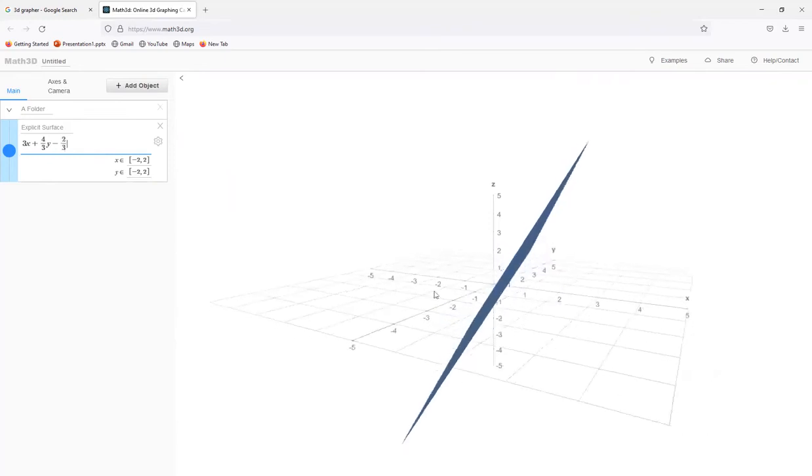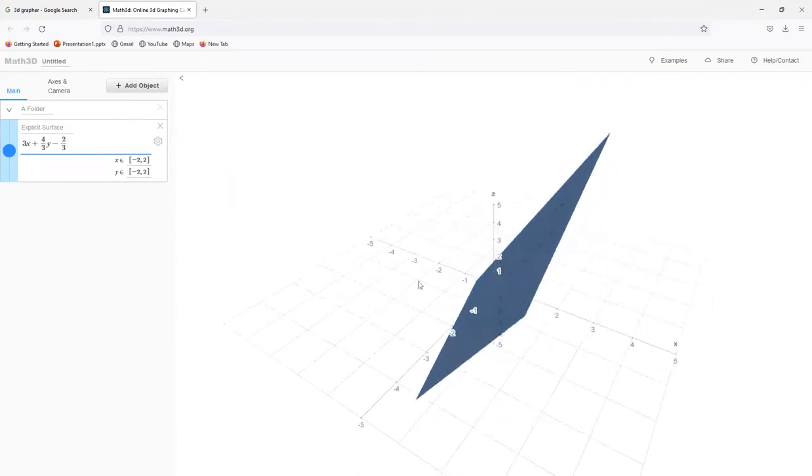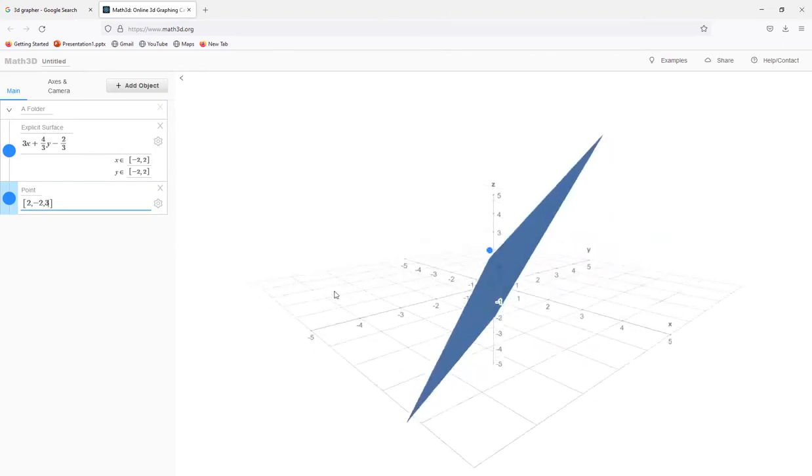This is my plane. And then let us see if we can visualize the point. So the point is going to be 2, -2, -2, and then the last component is 3. Okay, awesome. So take a look at this.